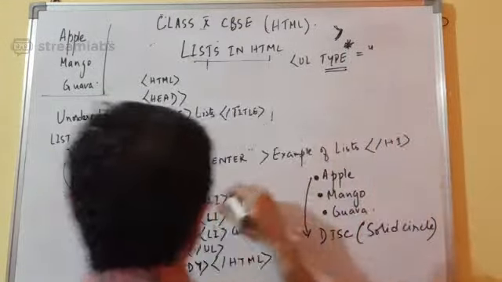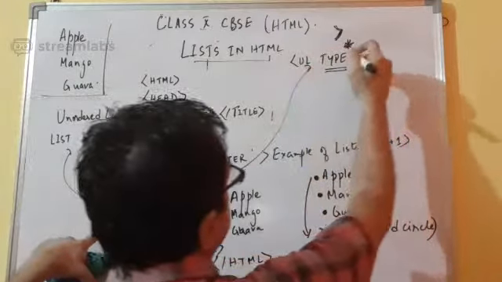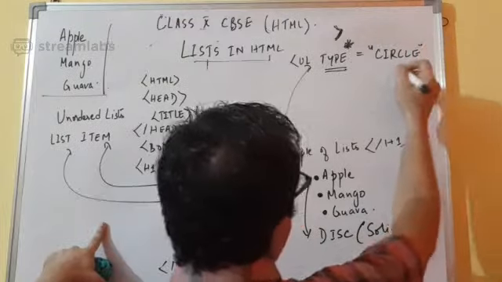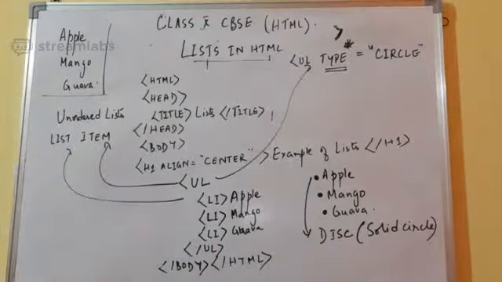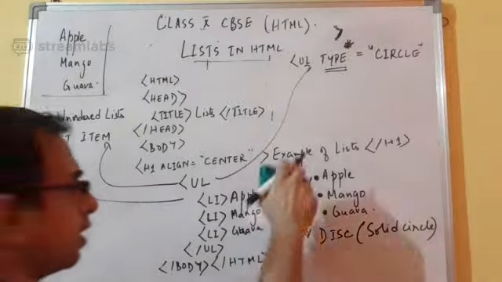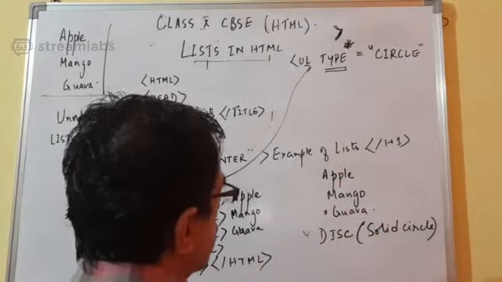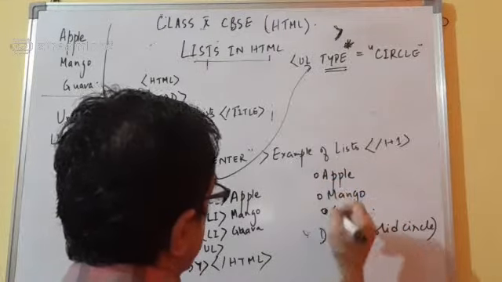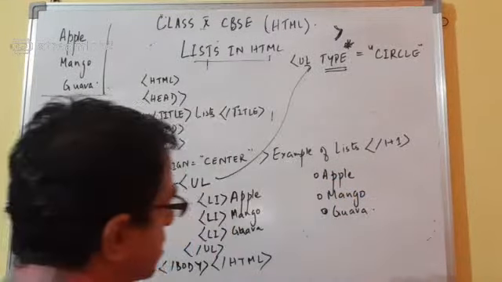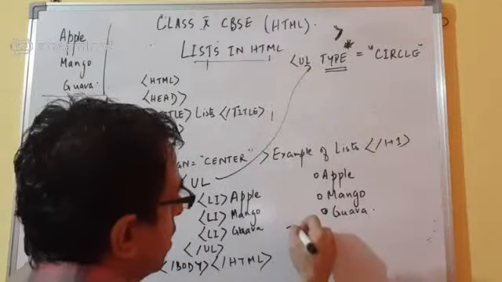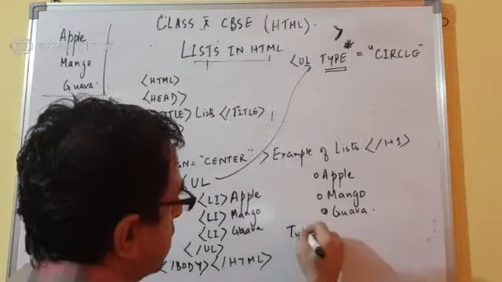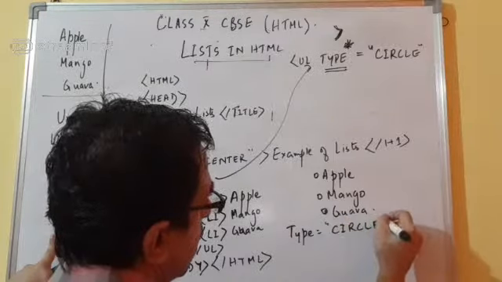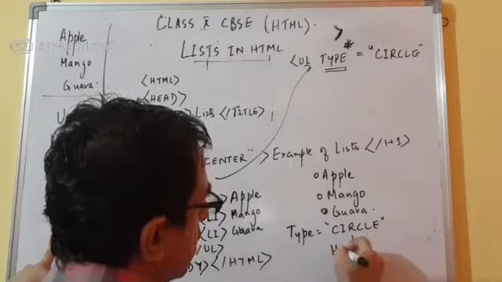If you mention it this way, you will still find circles, but they will be hollow circles. It will be something like this. So when you use type equal to circle, this will be your hollow circle.